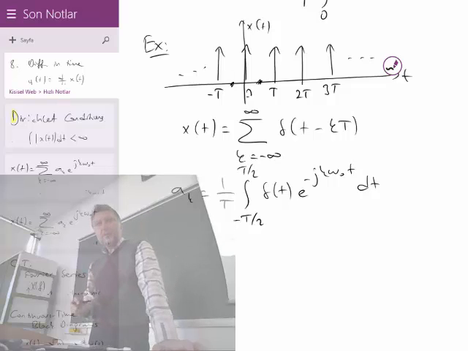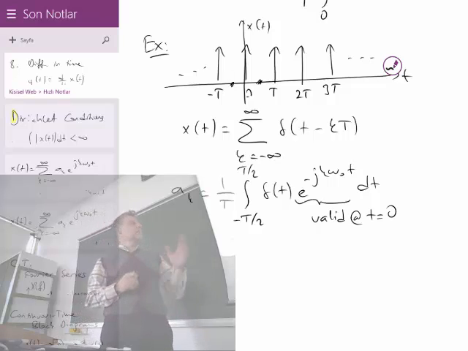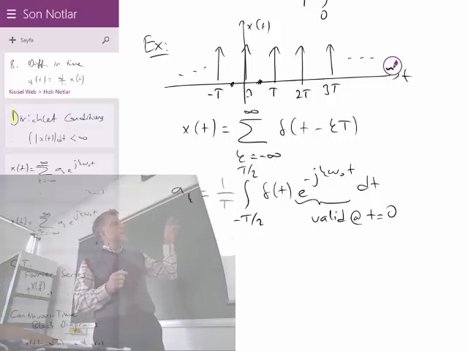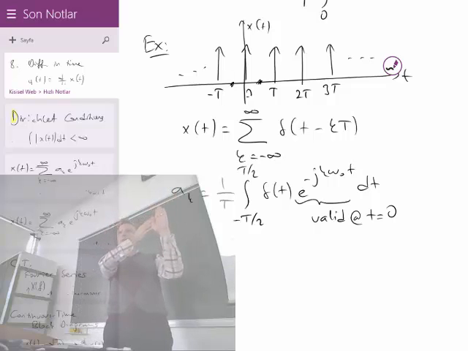And look at that. Because of the impulse, this thing is valid, or it scales, only at t equal to 0. At points different than 0, delta t is 0, therefore you don't multiply with anything. The impulse only picks one sample of this e to the minus jk omega 0 t, and that sample is at the point where t is equal to 0, the center.